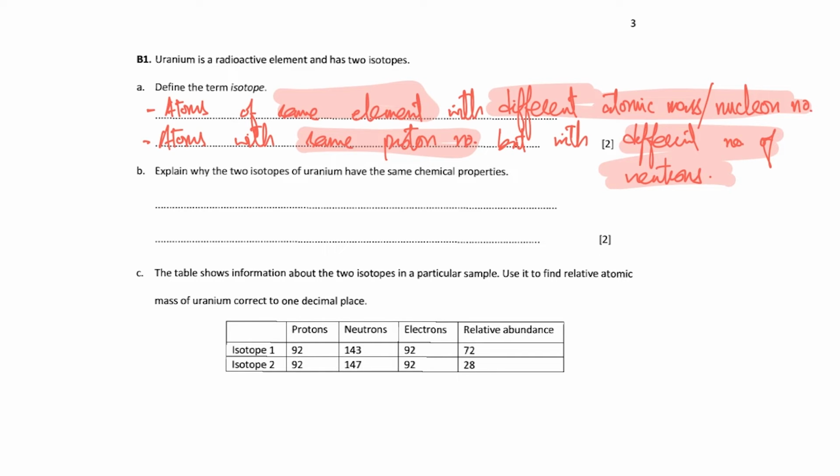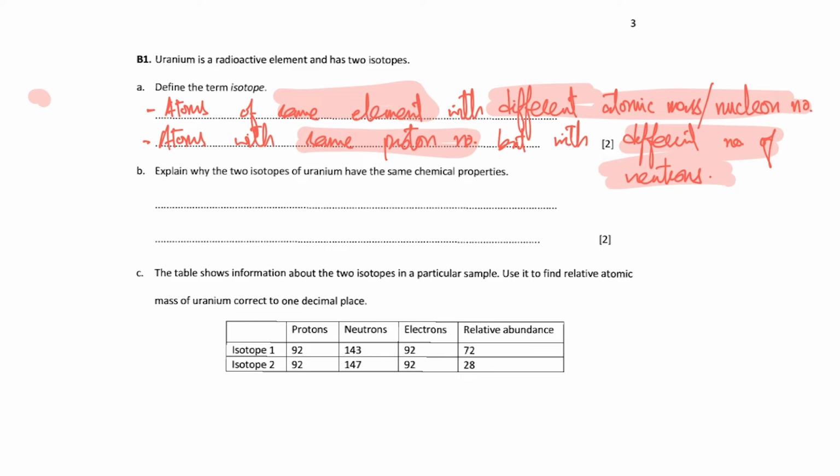Now sometimes the examiner asks you to define the term isotope, but there is a little extra thing in the question. They say define the term isotope in terms of subatomic particles. In that case, only the second definition would work. The first one will not, because you have to talk about the subatomic particles. So just remember to follow the question's requirements.